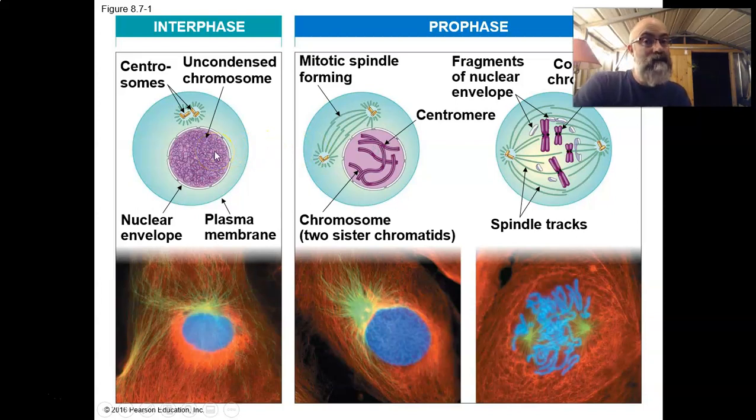But when the cell wants to divide and split those copies of the chromosomes, it would be very difficult to separate these copies that are decondensed. If we want to take this copy and that copy and split them, then we want to make them very tight little packages. That's what happens at the beginning of the M phase.